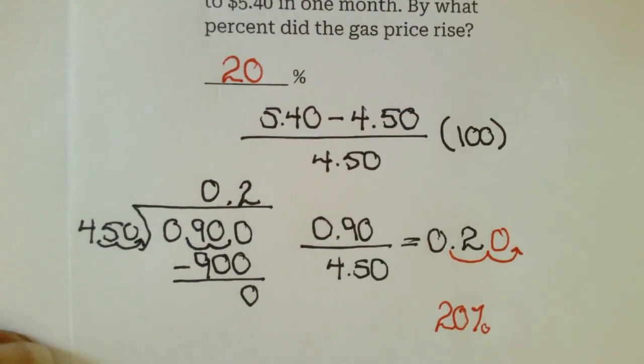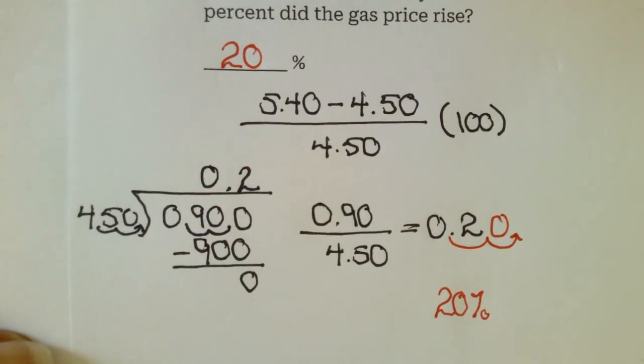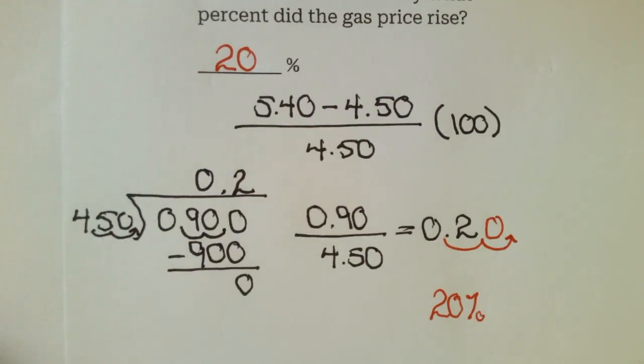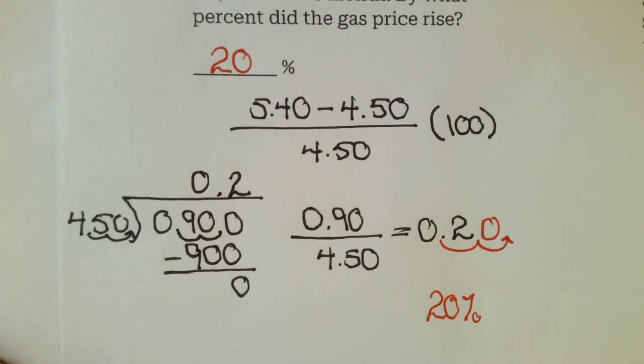Okay, so it's not going to be 0.2, it will be 0.20%. Okay. All right. So in order for it to be 2%, that would be 0.02.